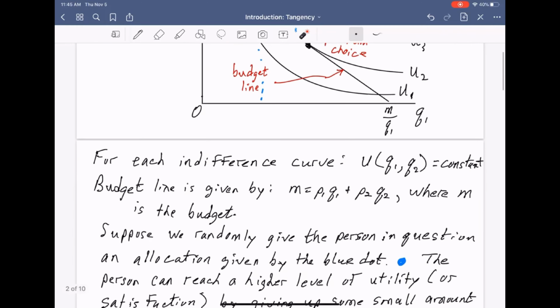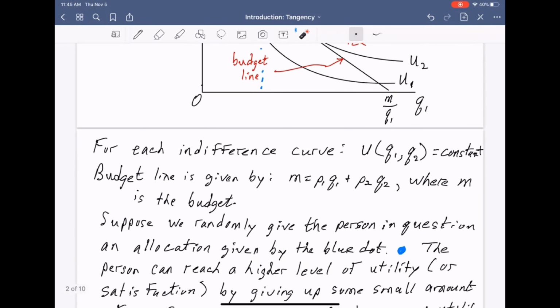Now, for each indifference curve, of course, there's a constant. So for indifference curve U2, that constant would be given by whatever number is represented by U2, and these are basically constants. The budget line, as I've mentioned, is given by P1 Q1 plus P2 Q2 equals M.